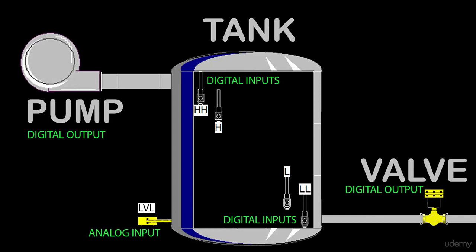In case something goes wrong and we get below the low level, we have a low low switch to tell us that we're having an emergency, and that's going to activate an alarm and cause the system to take steps to protect itself from breaking, damaging something, etc. Same thing, if we get above the high, eventually we're going to hit that high high switch, and that's going to do the same as low low.